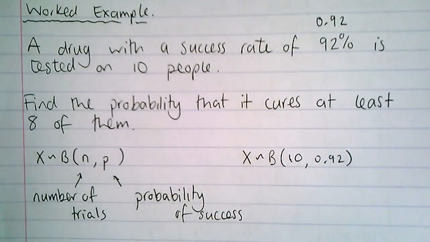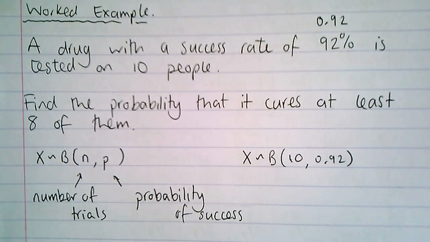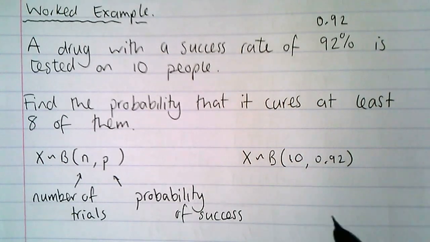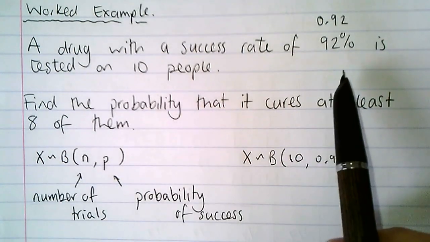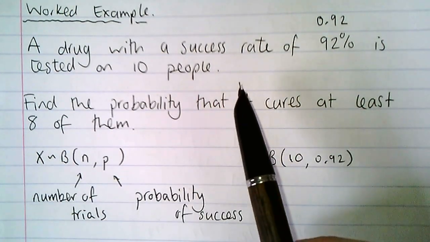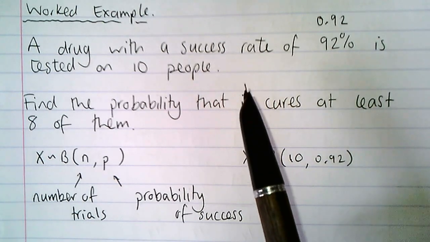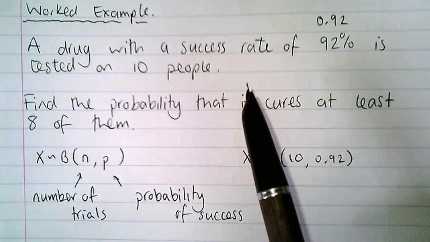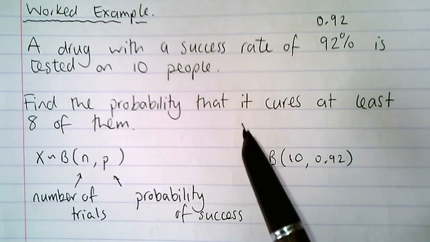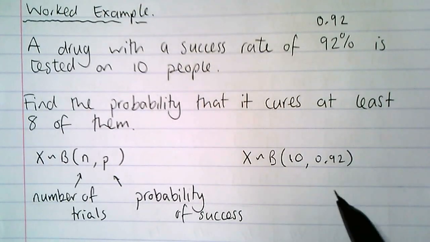Now we've gone through this with one major assumption in mind, and that was prevalent in the previous two questions, and it's the same in this one, and that is that the probability of success is the same from trial to trial, from participant to participant. So this drug has a success rate of 92% for every single person in this trial. Now there's arguments about how likely that is in the real world and whether the binomial distribution here would be an adequate fit.